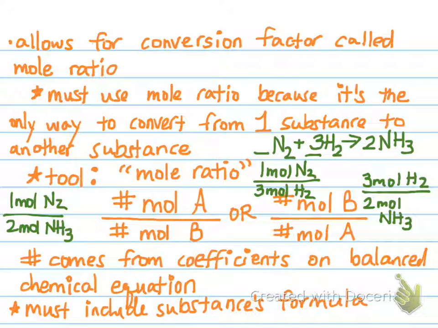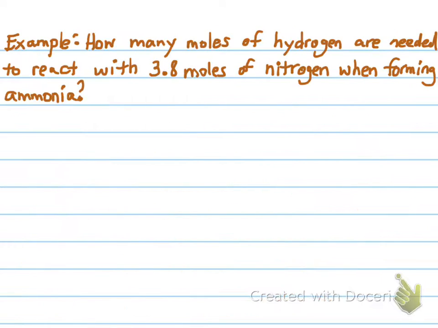Again, I have to have my units there because otherwise it's just moles and moles. So we are going to use this equation of nitrogen and hydrogen forming ammonia to do this problem. So again, I'm going to put my equation here. Actually, I'll go ahead and put it underneath.